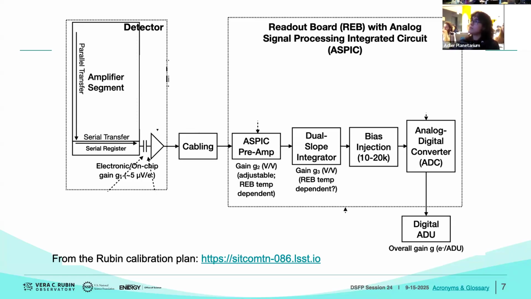There's a preamp, integration, bias injection, and the ADC. This is sort of all the parts that ISR is most concerned about. Do we understand the gains that are being put on the signal from both of these devices here? Bias injection, we'll talk more about bias in a second.